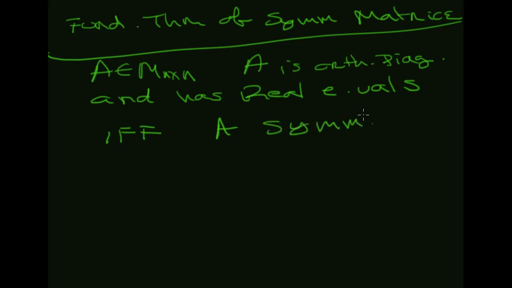Wow, that seems pretty wild. So if I have a symmetric matrix, it is orthogonally diagonalizable with real eigenvalues. And if I have something that's orthogonally diagonalizable with real eigenvalues, then I know I have a symmetric matrix. Okay, so we're actually going to prove this.